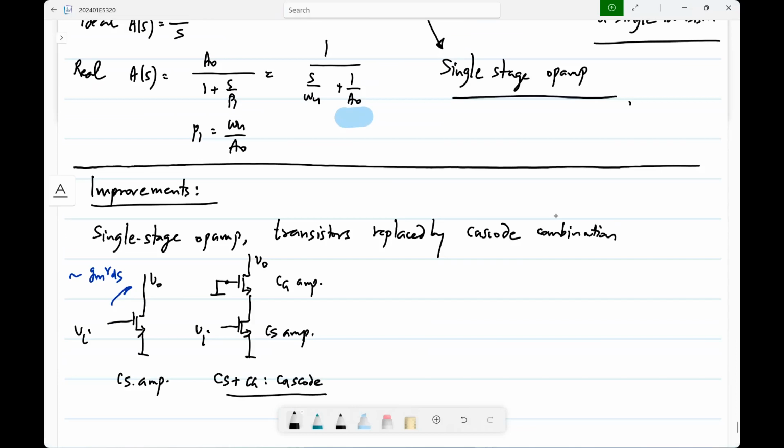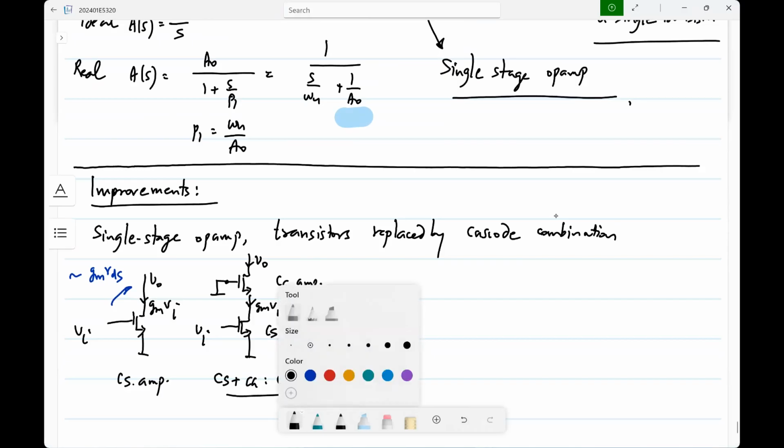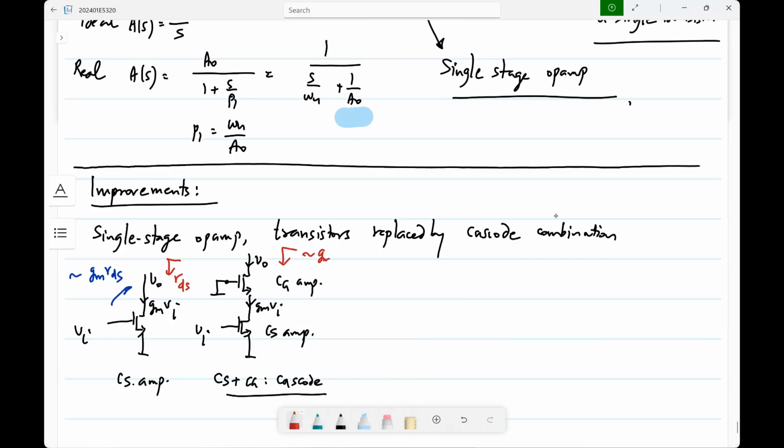So what does it do? What benefits does this buy you? First of all, the current here is gm vi, and that will be the same in this case. The output current will still be the same. The only thing is, looking from here, you have rds as the output resistance, and looking from here, it will be of the order of, if this is called MC, gmc rdsc rds1, where the lower one is M1 with rds1.